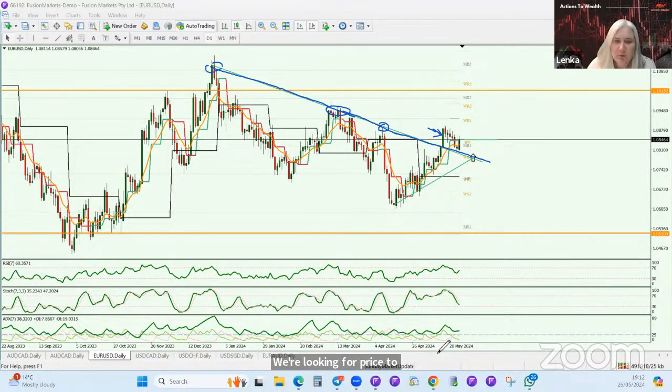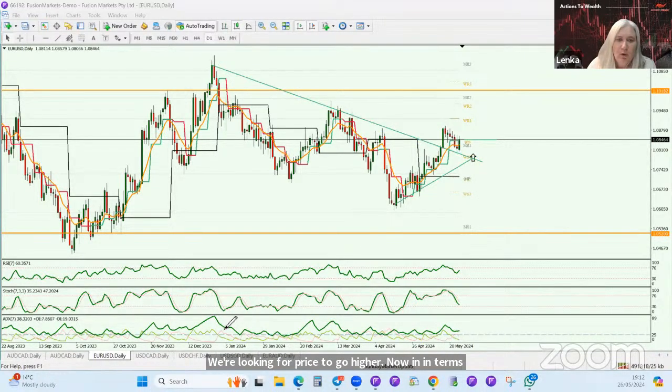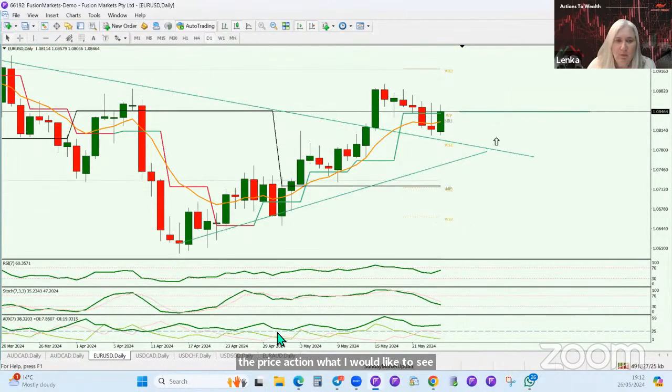Now, in terms of the price action, what I would like to see is I would like to see price come back underneath and close below first. And then to go higher.